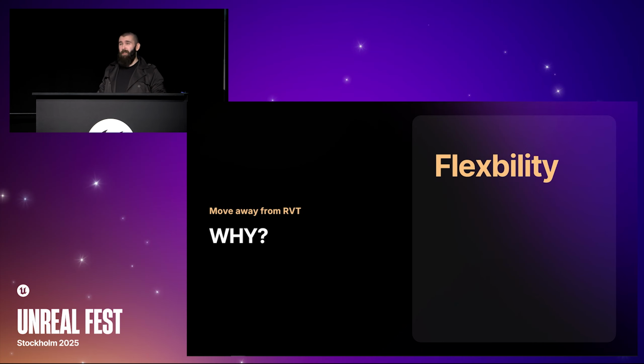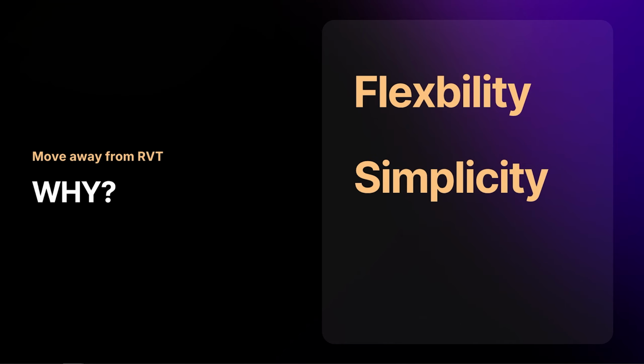So you cannot have different layers in between them. And also, if we just wanted to have larger worlds, RVT would be fairly hard to scale to those worlds. You could use adaptive pages, but it would just incur much more memory that we wanted to deal with. Second reason is simplicity.